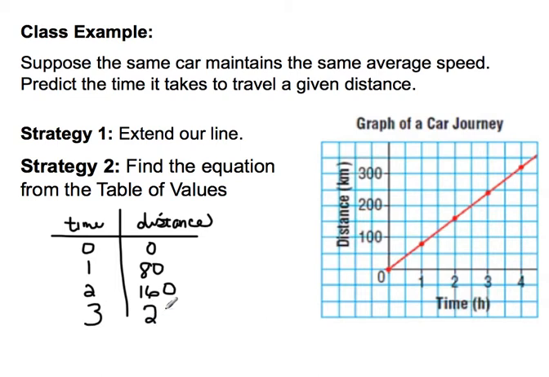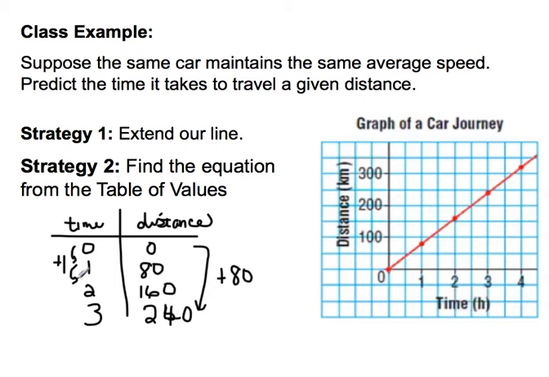Remember, a linear relation means that there has to be a constant rate of change. So this pattern here is add 1. This one has to be add 80. You can't go up by 80 and then up by 70 and then up by 90. It has to be a constant rate of change. So I'm pretty confident with that table.